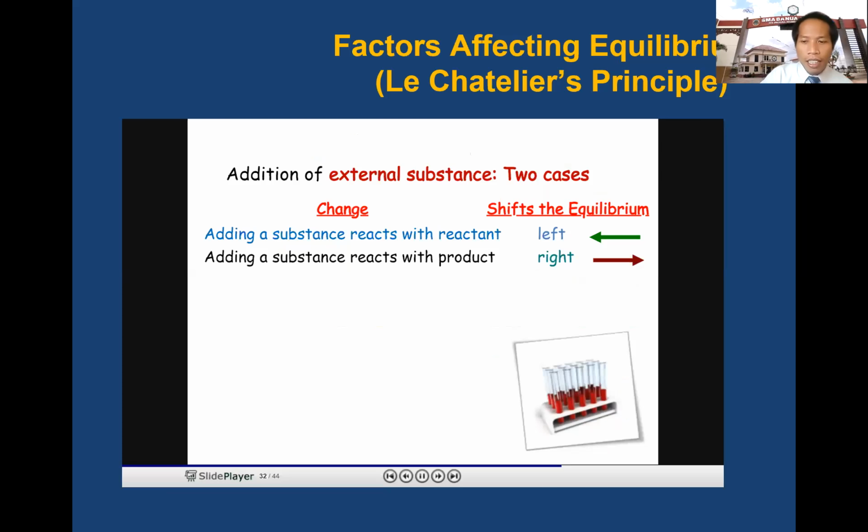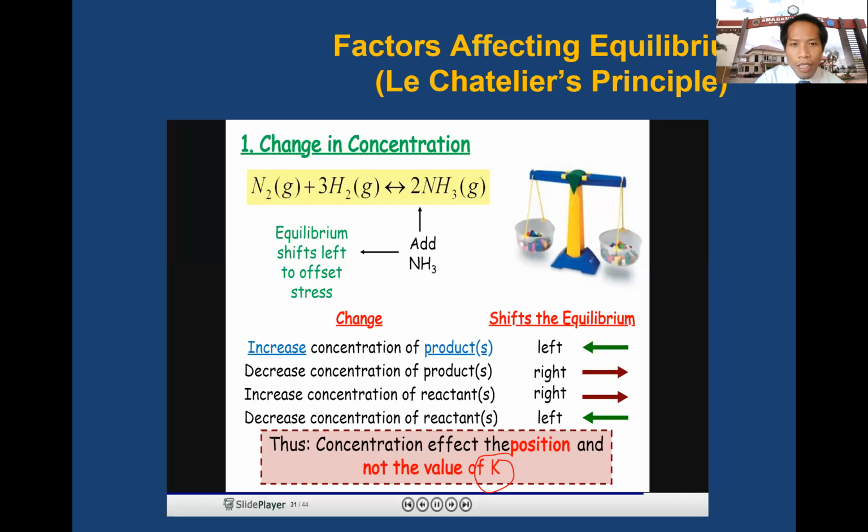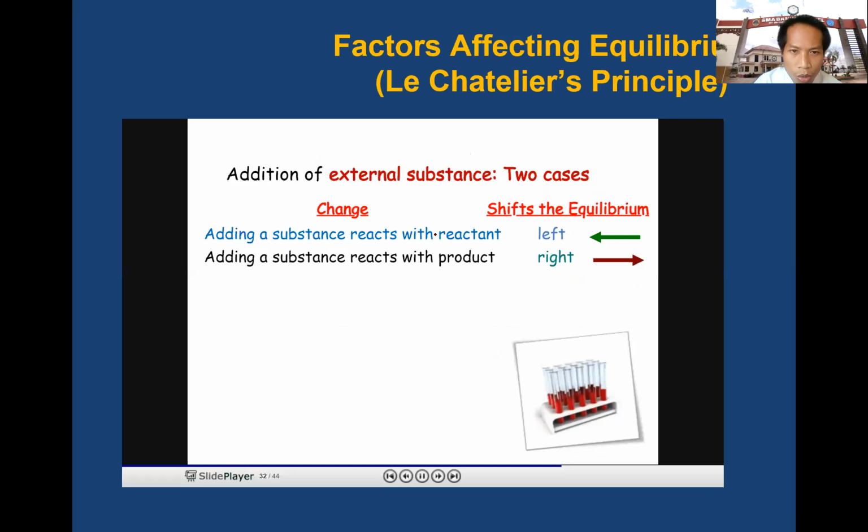Now here, another thing, we can also add a substance which is not the same. For example, in here, if I add NH3, it is the same NH3, yeah? Here, if I add N2, the same N2. If I add H2, the same H2. But here, I can also add a different substance.